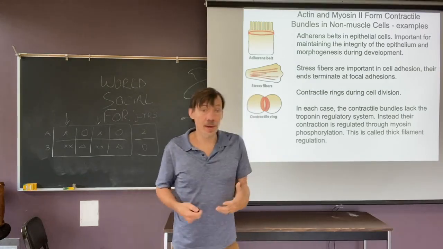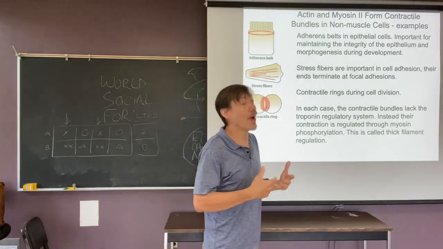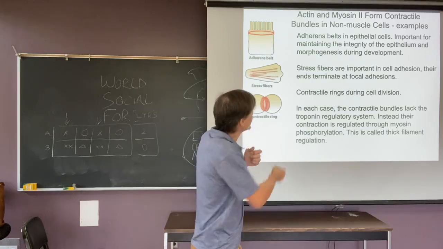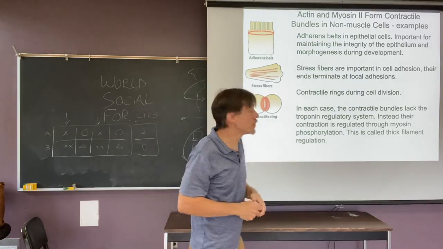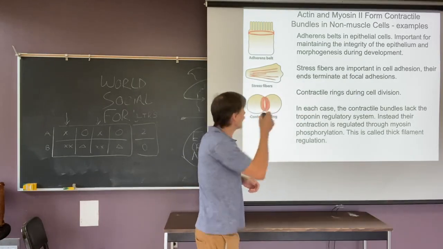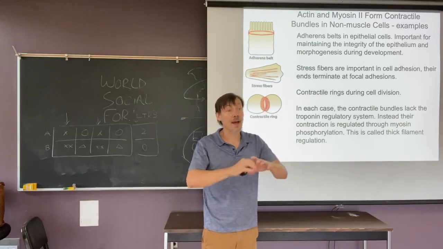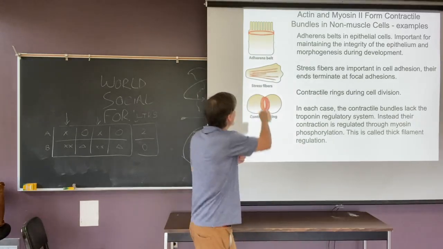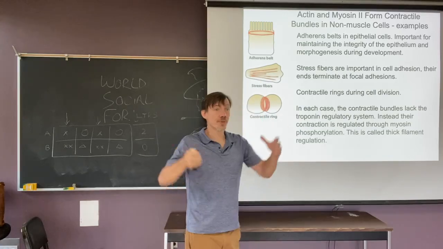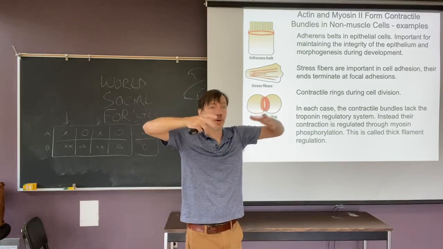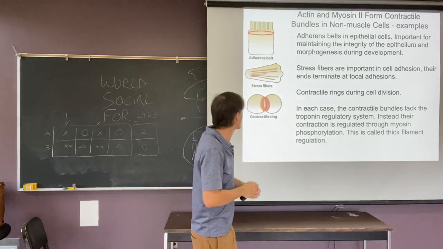And in our non-muscle cells, actin and myosin form contractile bundles. As you would get into understanding how tissues are built, you would find that there's these adherent belts around the top of epithelial cells that hold tissue layers together.